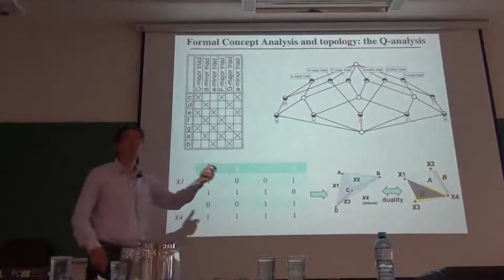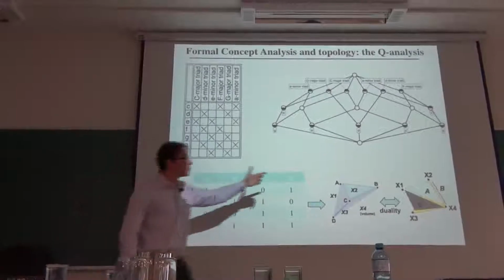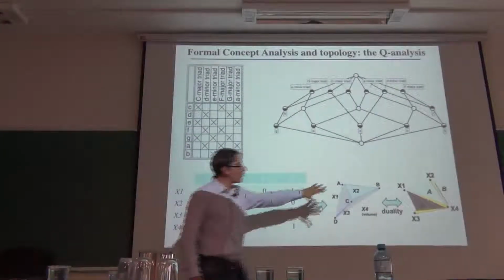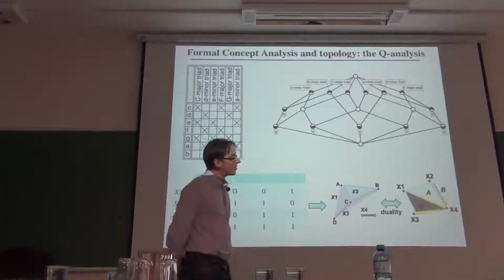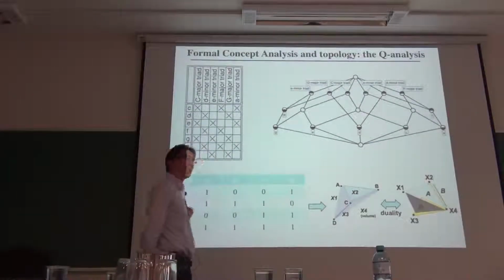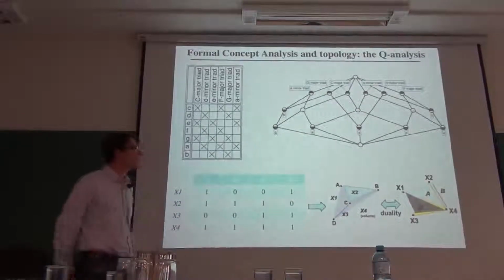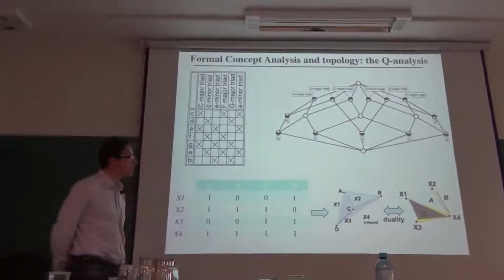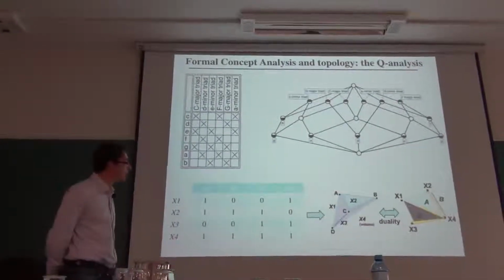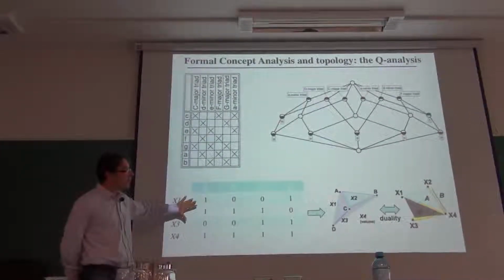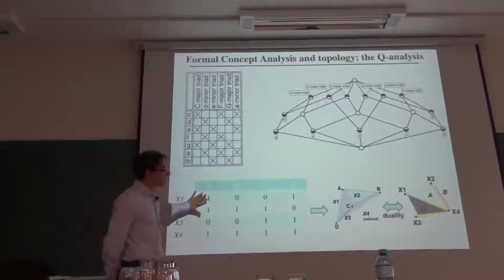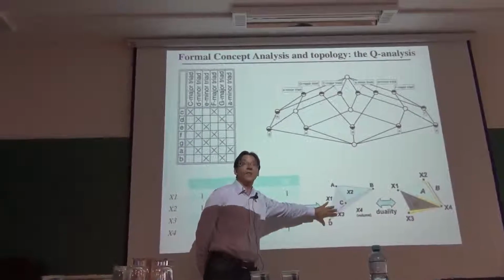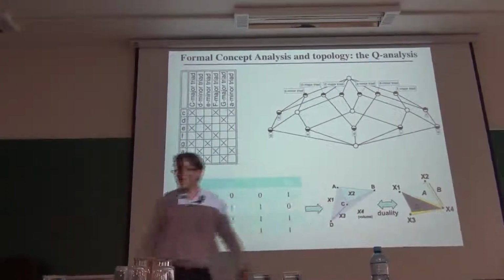Or in the dual way, you can put the attributes as points, and the surfaces of your topological structure will become the objects. This is a kind of duality between objects and relations, which is also very interesting from an epistemological point of view. So every time you have a binary table, you can associate a lattice, but also a topological structure, which is a simplicial complex.